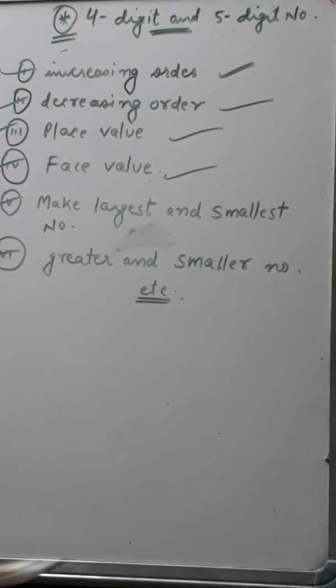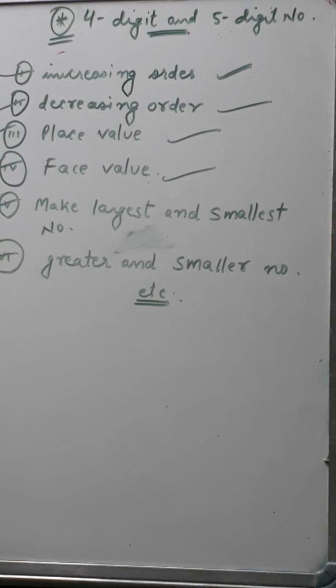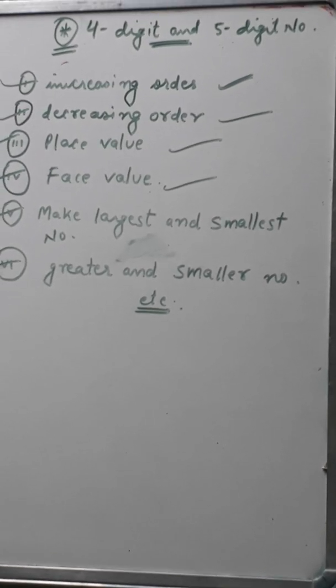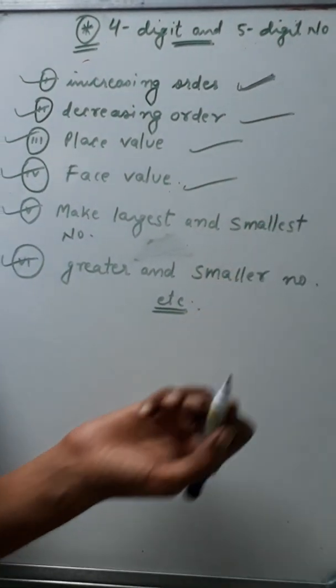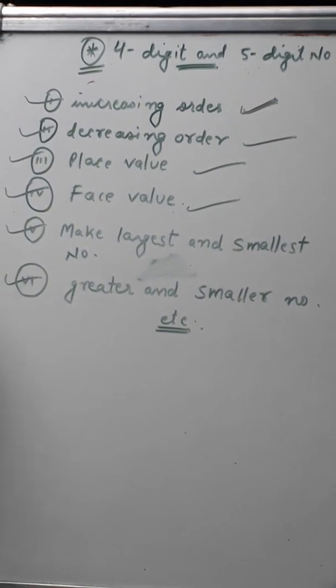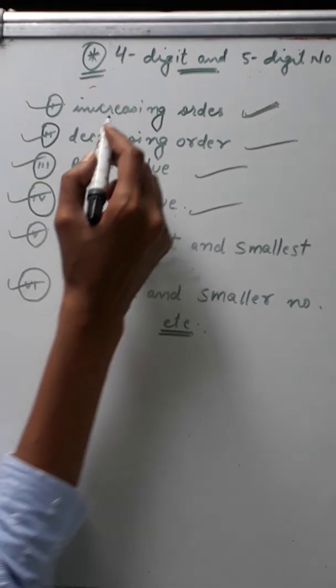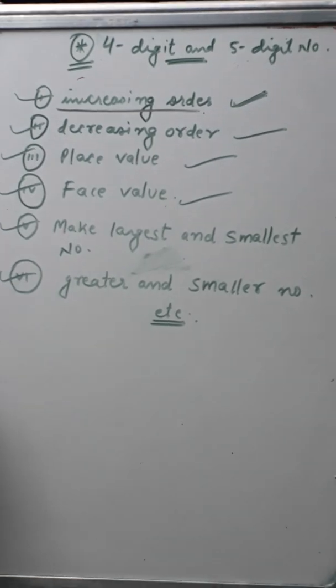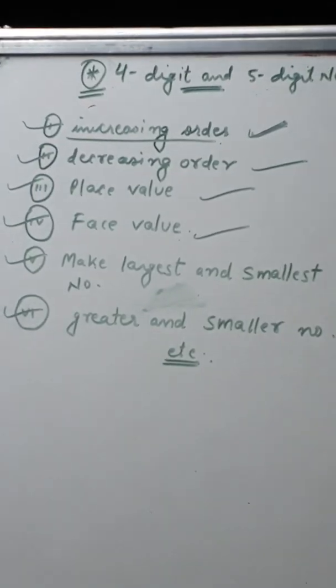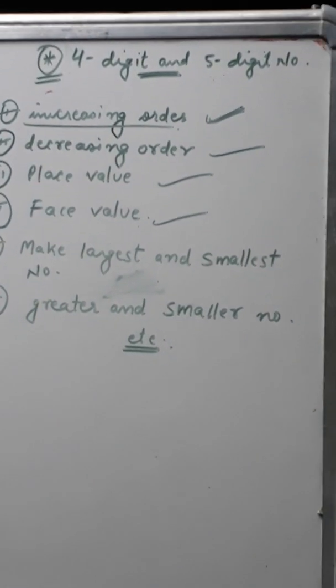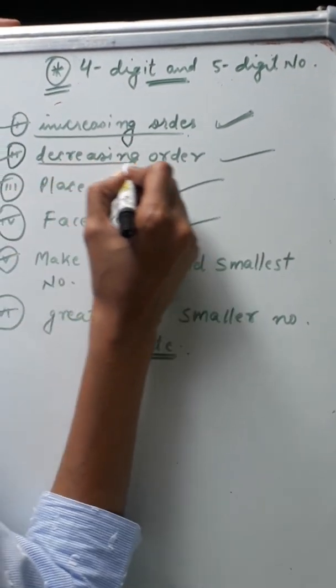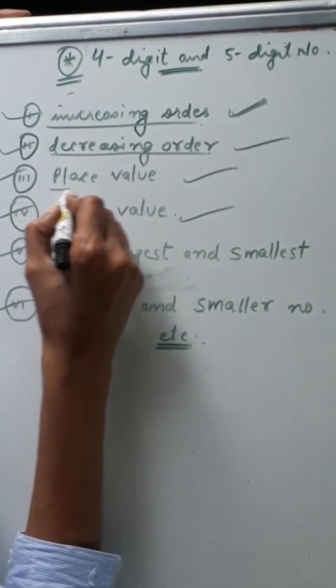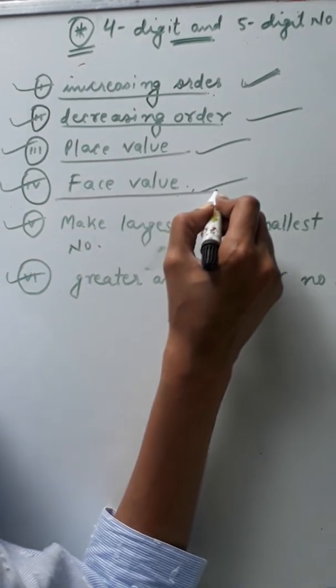Before starting 4-digit and 5-digit numbers, what is increasing order? What is decreasing order? What is place value? What is face value?